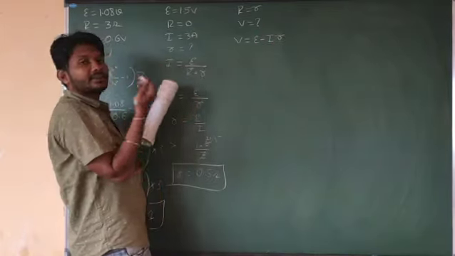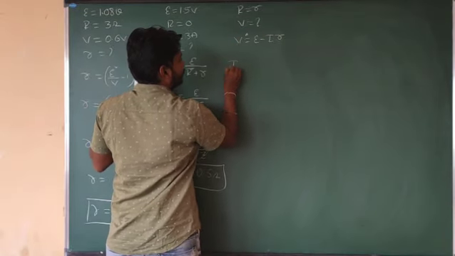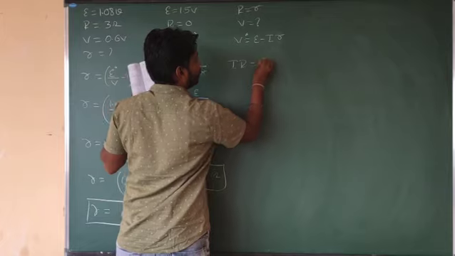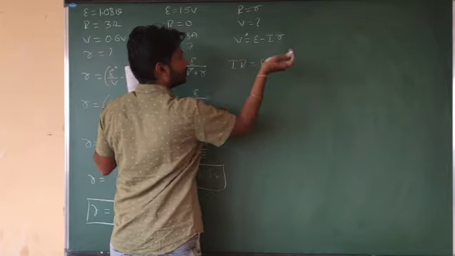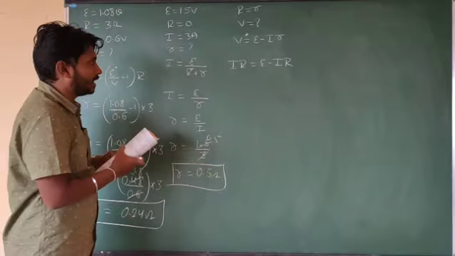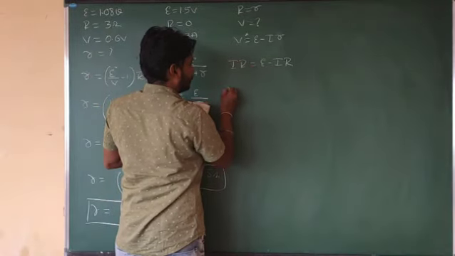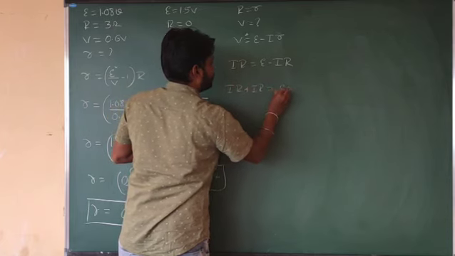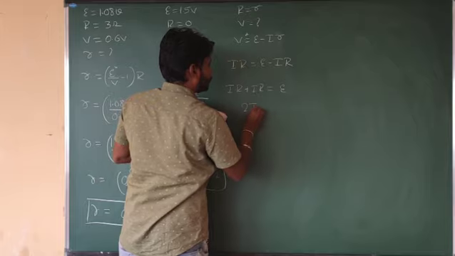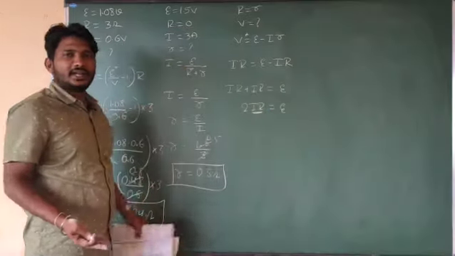If external resistance is equal to internal resistance, then I can take r as capital R. V is equal to IR, so E minus Ir, if it comes here, that is plus Ir. IR plus Ir is equal to E. 2 times IR is equal to E. Shall I take the product IR as V here?